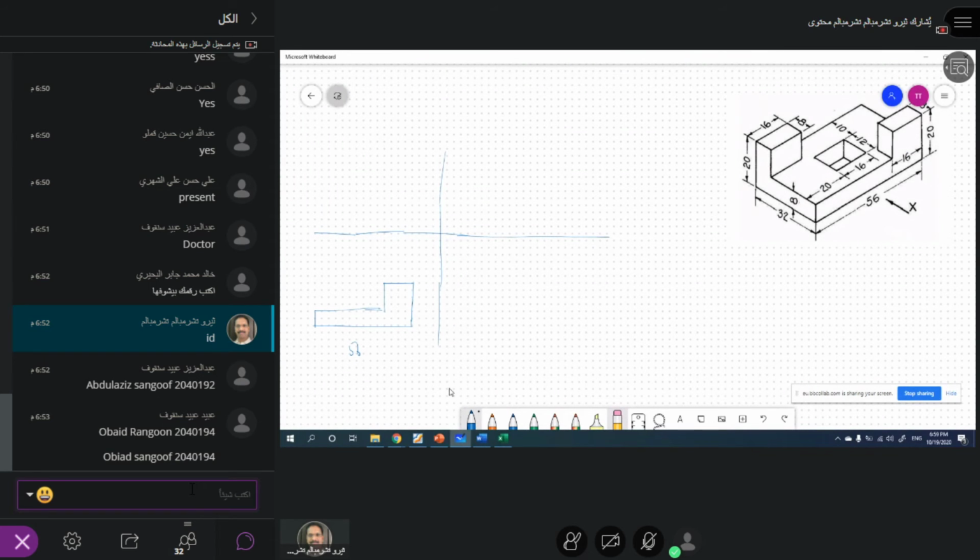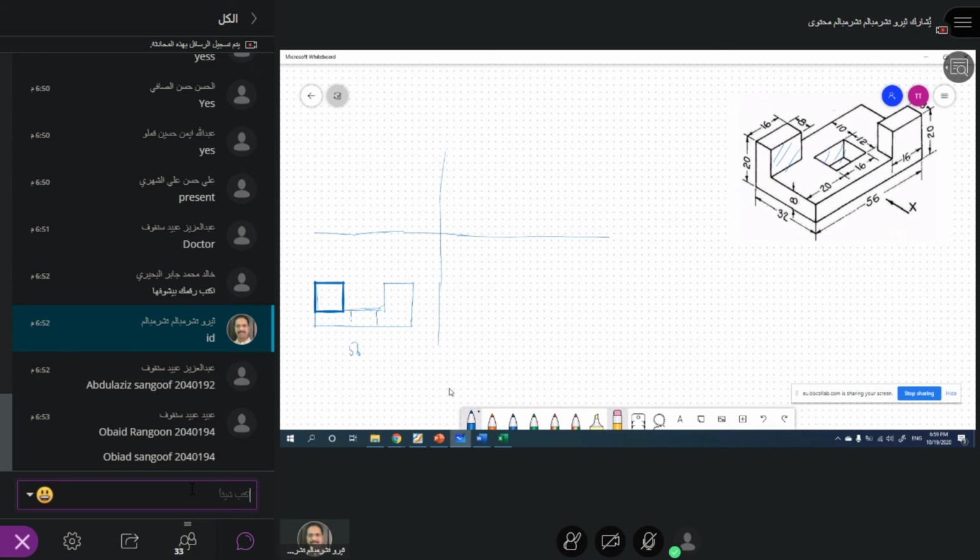From this corner I can see this surface, so this should be the same here, 16. Then this surface I cannot see, so it is some distance from 16. So from here it is 20 plus 16. So here there's a hidden line.